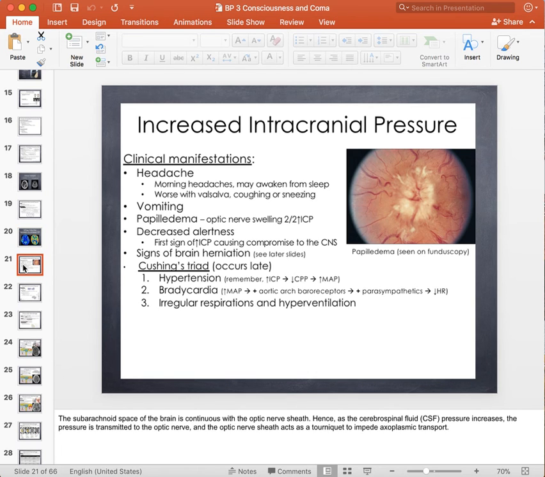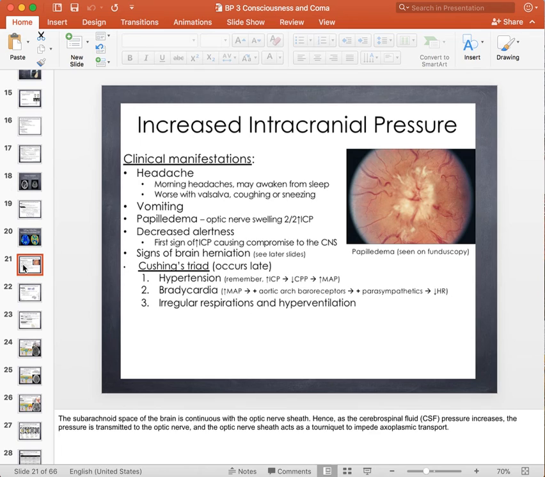That's bad. So how do we know that increased intracranial pressure is present? If somebody's not yet in a coma, how can we try to detect this early before they get to that critical period? So there's a few characteristic clinical signs.